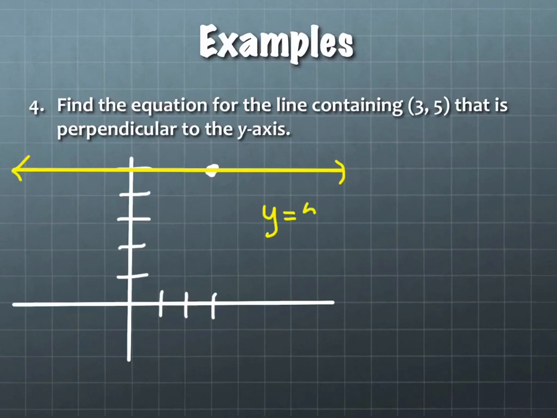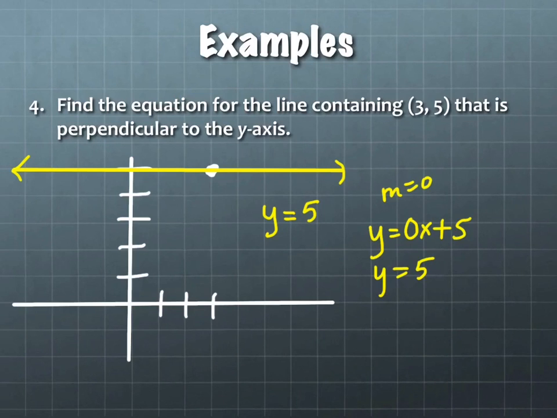It is. Can you explain why, Rachel? It has a slope of 0. Mm-hmm. 0 times x is 0. So y equals 0 times x, and then the y-intercept, b, was 5. And then 0x is 0, so you get y equal 5.